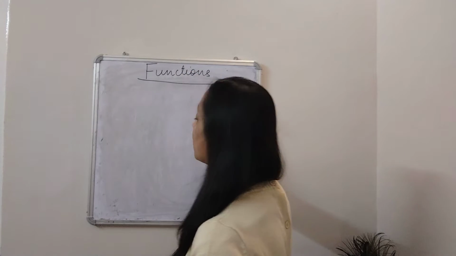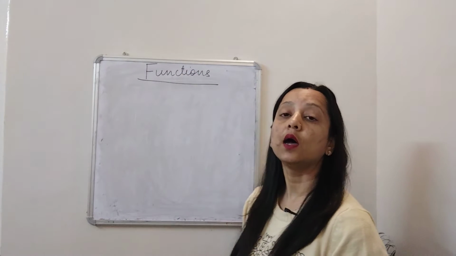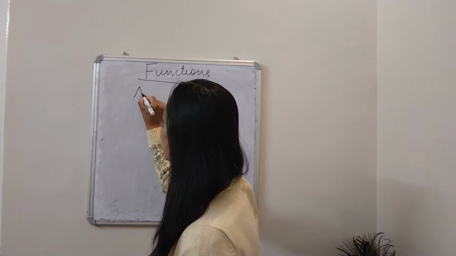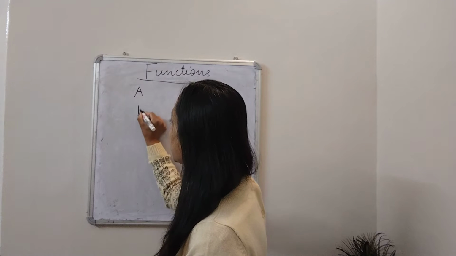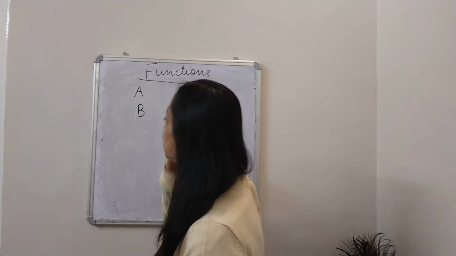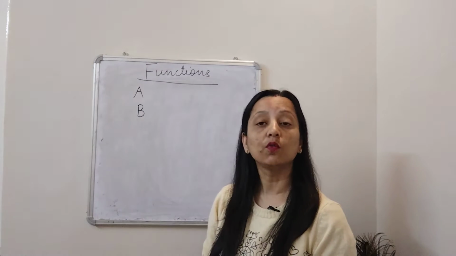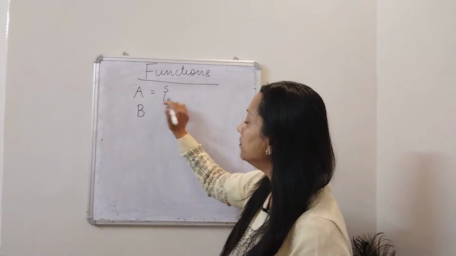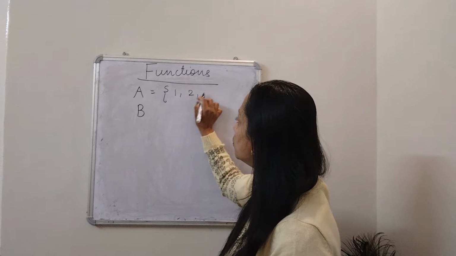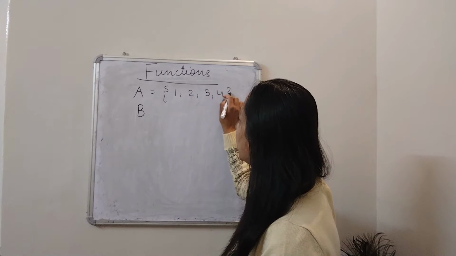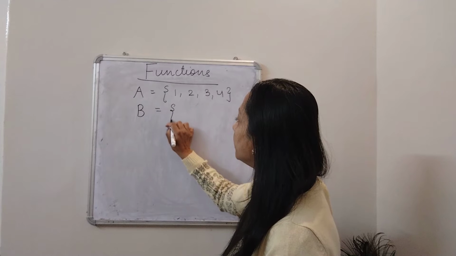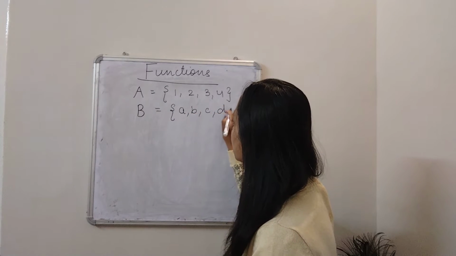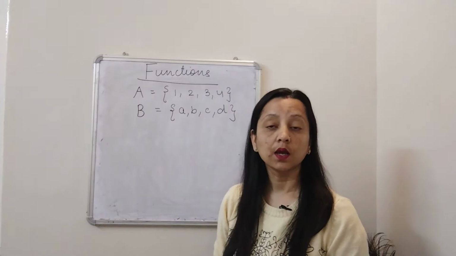What are functions? Now we all are clear with the concepts of sets. Let us suppose that we have two sets, set A and set B. So what is a function in that case? Set A must be having some elements like 1, 2, 3, 4, and set B must also be having some elements like A, B, C, D, right?